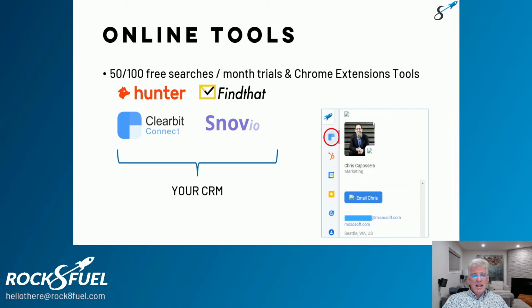And the last thing I want to bring to the table is those wonderful online tools, and everybody's got their own format, from a number of free searches per month or trials or this or that, but there are business intelligence data sources out there that you can use and feed into your CRM.